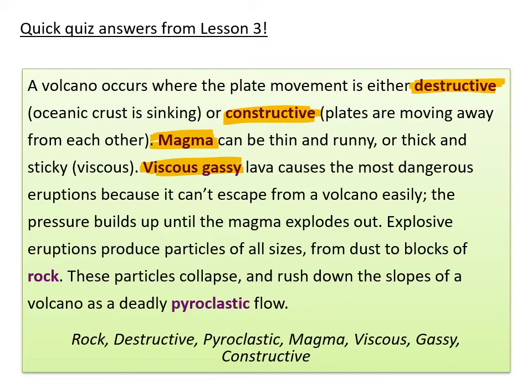Explosive eruptions produce particles of all sizes, from dust to blocks of rock, big chunks of rock thrown out, and these particles collapse and rush down the slopes of a volcano as deadly pyroclastic flow. So hopefully you've worked those out. You can copy that out or take a screenshot so that you've got the right answers now.